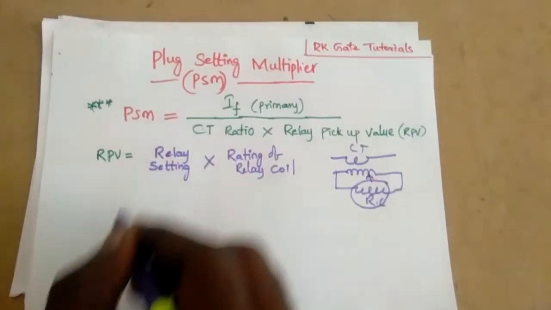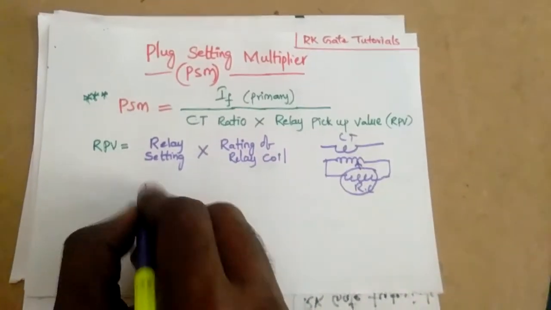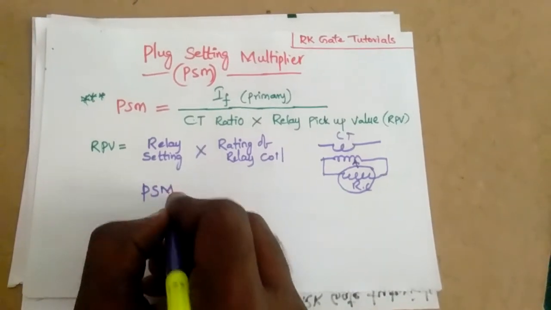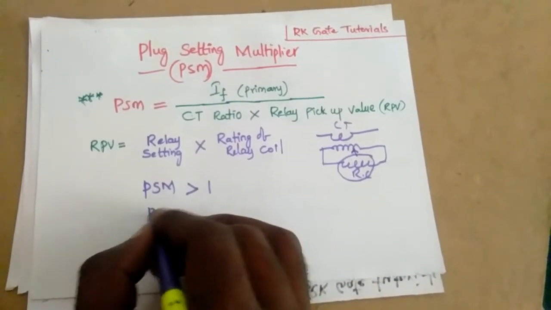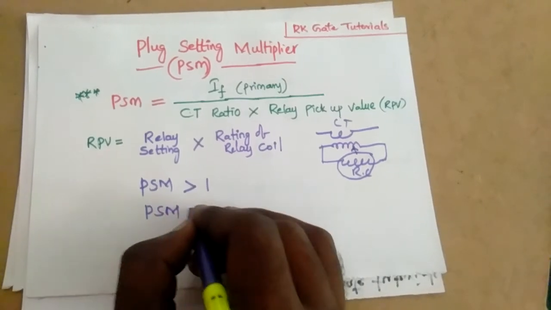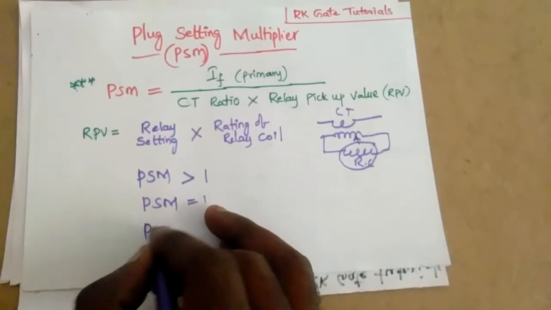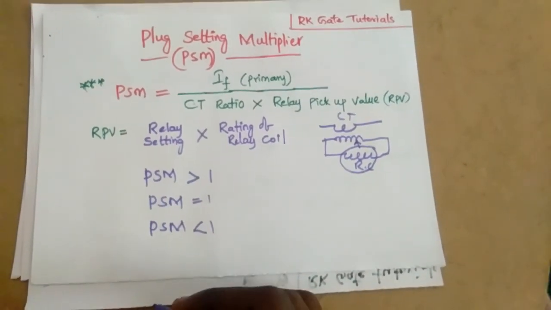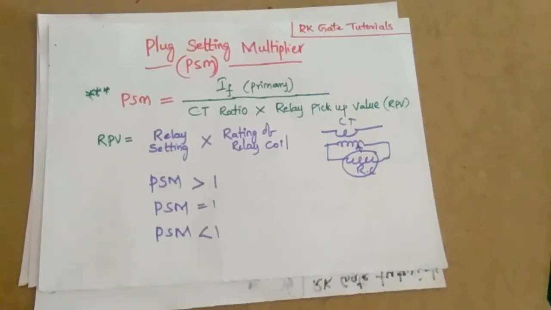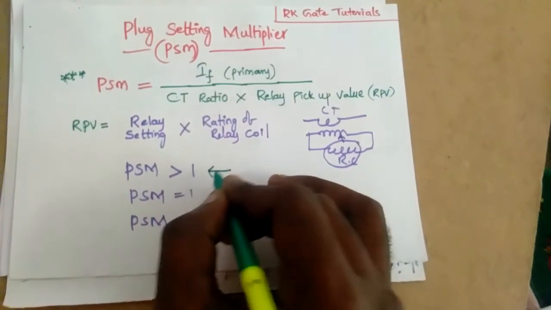Then how can it be used? Simple. There are three cases. One is PSM greater than 1. Another is PSM equal to 1. And finally, PSM less than 1. These are the three different situations we will get. So what if PSM is greater than 1?